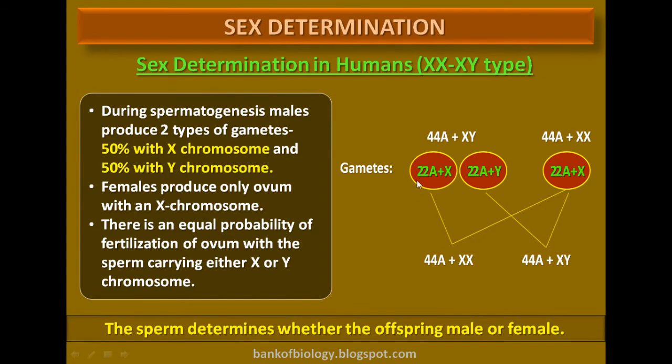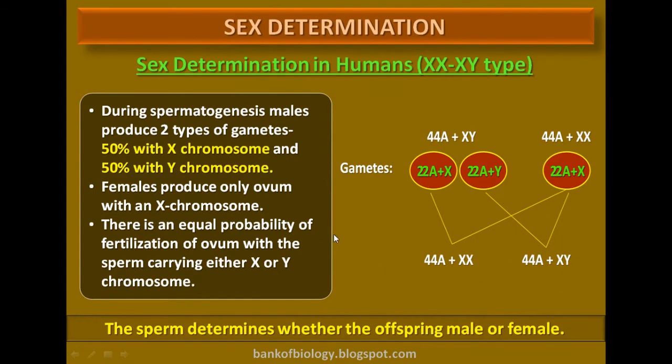If the sperm with an X chromosome fuses with the ovum, we get a female child or a girl child. And if the sperm with a Y chromosome fuses with the ovum, we get a male child or a boy child.